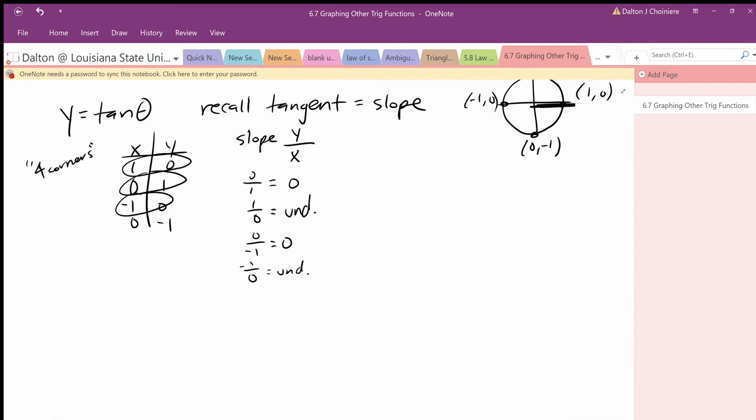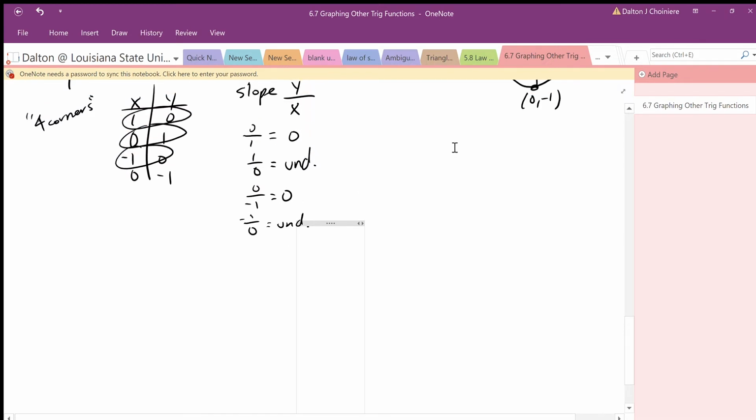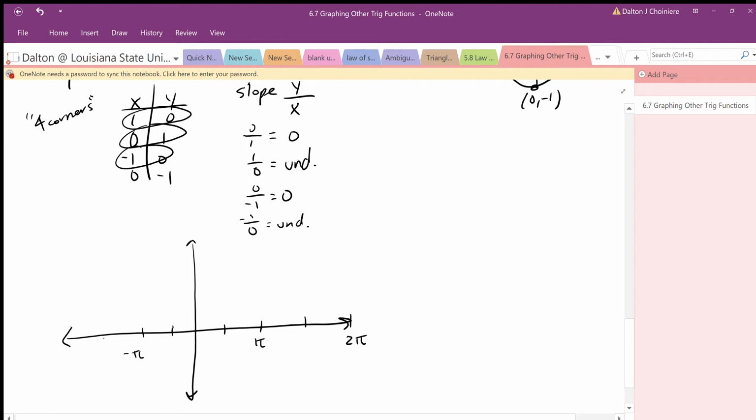Okay, so if we were to graph, and I'm going to make this one a little bit bigger than my others, I've got the x-axis and the y-axis, and again, we're going to count by pi over 2. So here's pi, 3 pi over 2, 2 pi. And again, we have 1 and negative 1.